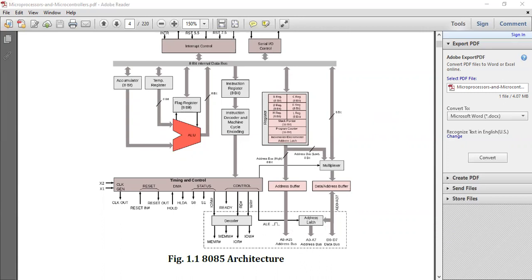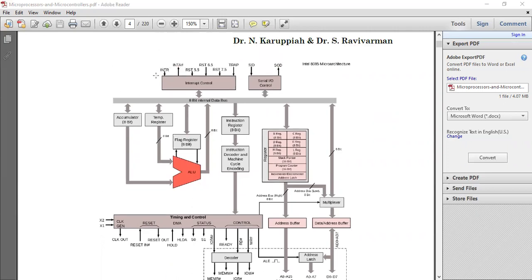The latch is helpful for demultiplexing, and that is the address latch enable. You can also see control signals and status signals, direct memory access, reset, and clock generation signals. The clock generation works with X1 and X2 connected to an oscillator. Before this we'll see the diagram briefly.